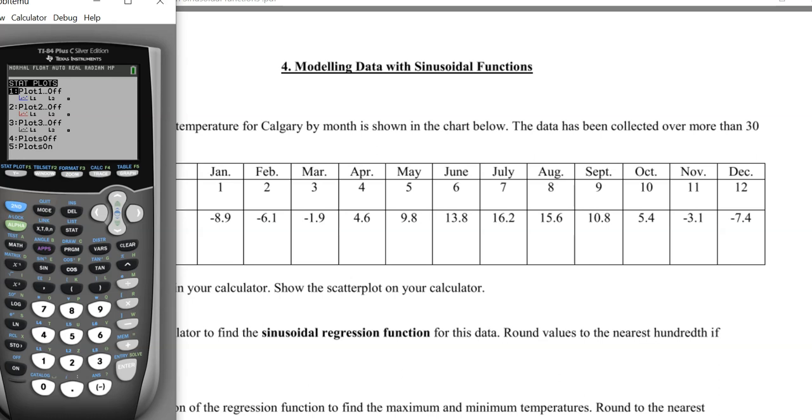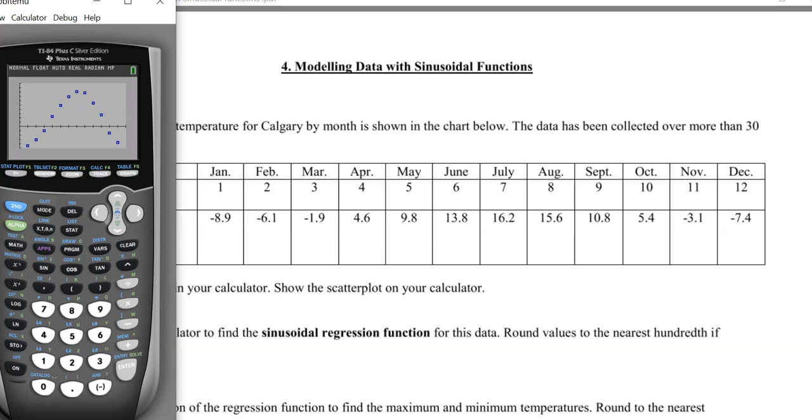Second just means the next key you hit is going to do the blue thing. So that's stat plot, and we're going to turn that on. We're on plot 1. We're just going to hit enter. On, we're going to hit enter. And we never need to change anything else. No matter what kind of regression we're doing, that's good. And then we can hit graph.